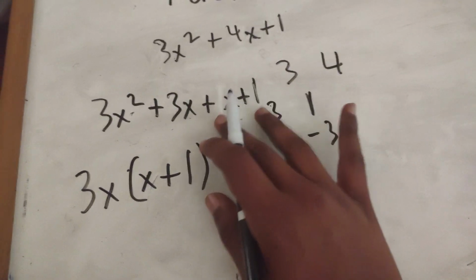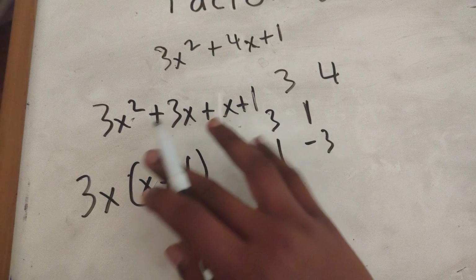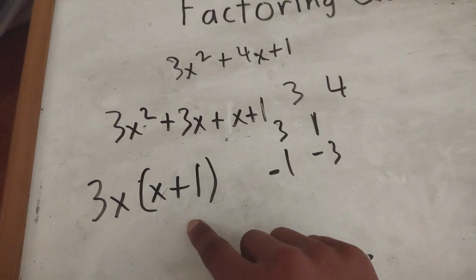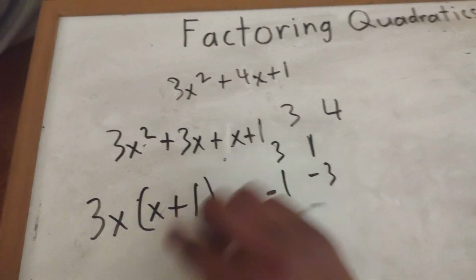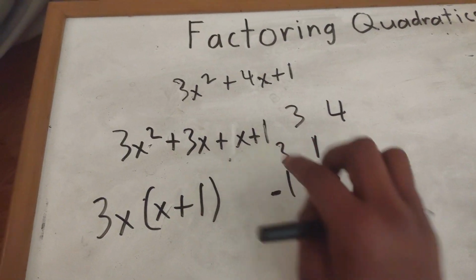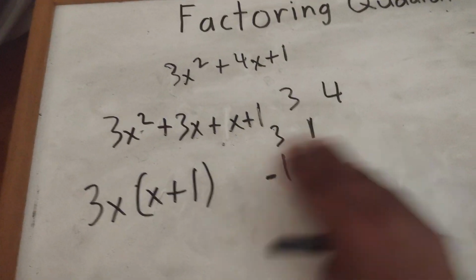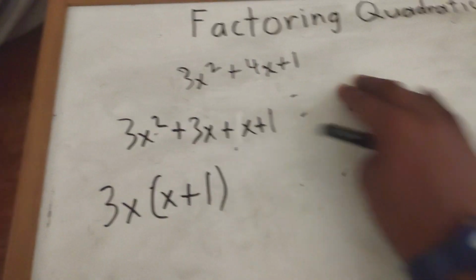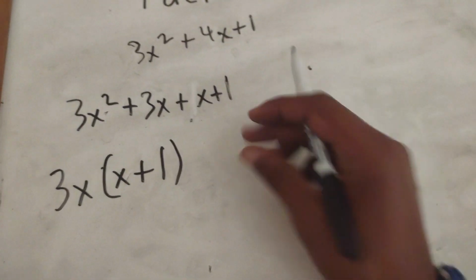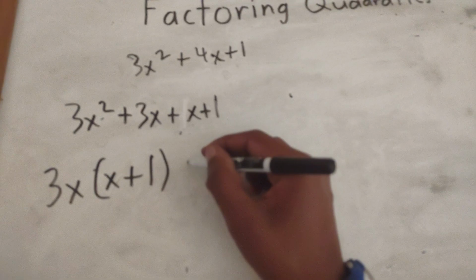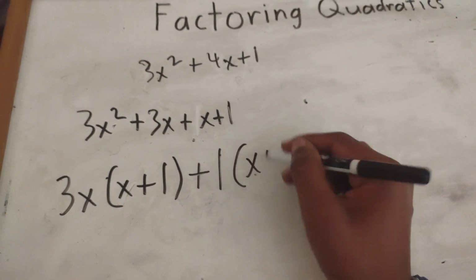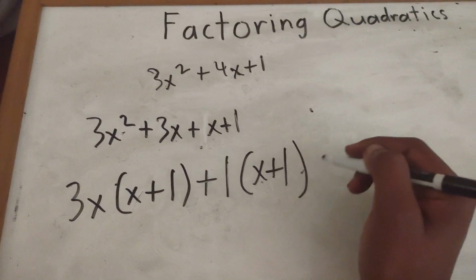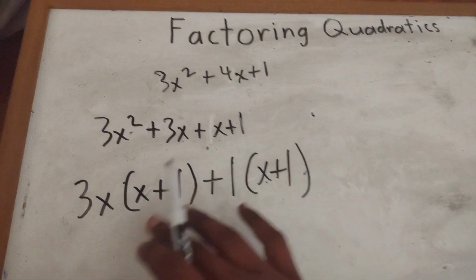Okay, now we have to factor out a common factor here. And now we already notice that x plus 1 and x plus 1 are the same here. So what we can do is factor out a 1 from the second term.